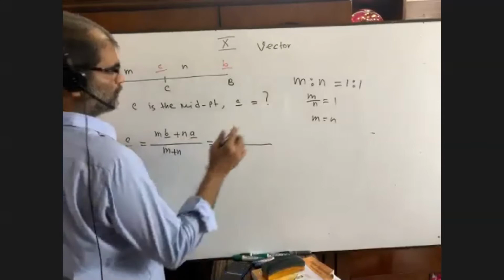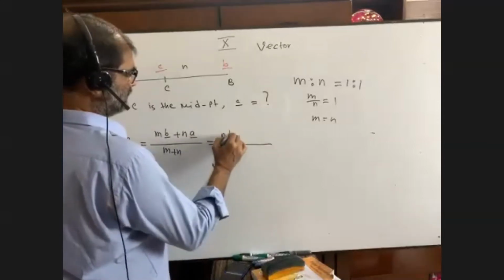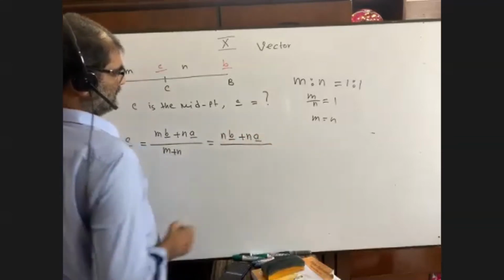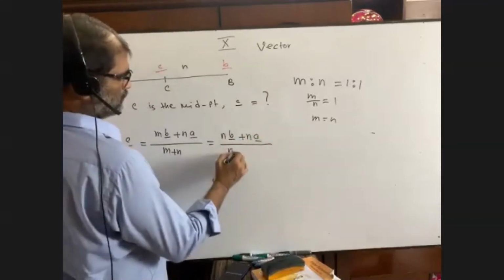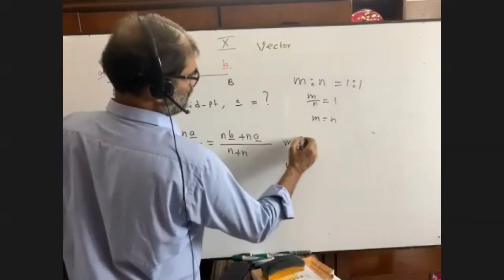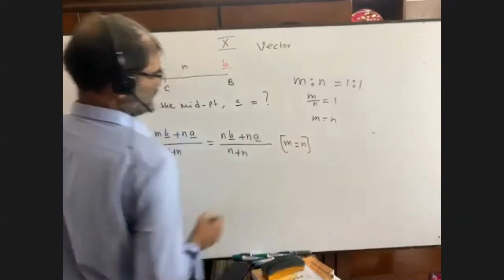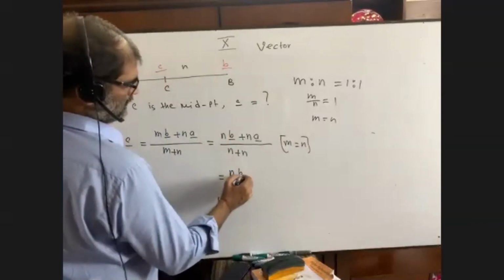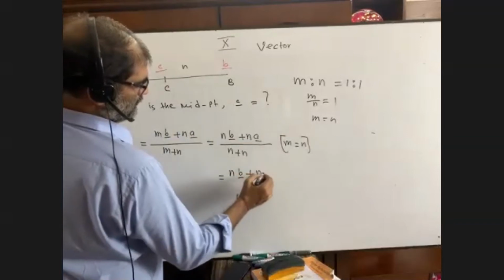For M, you put N. NB plus NA. For M, you have to put N. M equals to N. That means we are getting here NB plus NA.